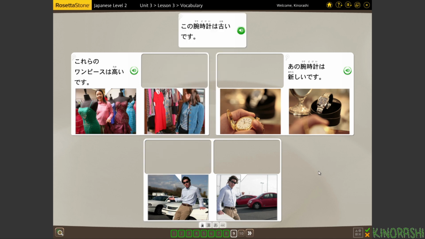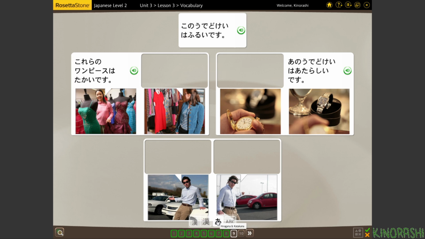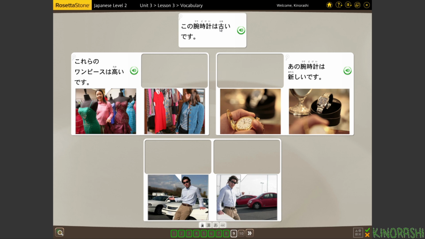この腕時計は古いです。古い. There's the gravestone with the cross on the top. And something that's old.